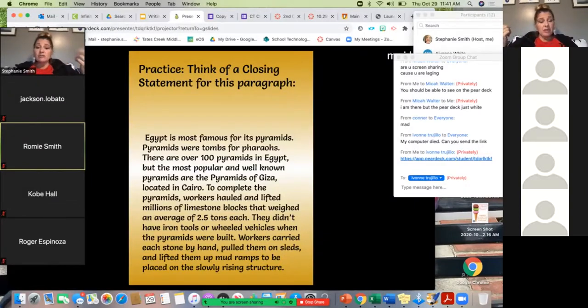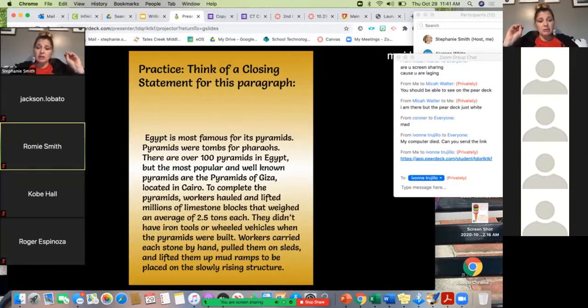Egypt is most famous for its pyramids. Okay, most famous. Egypt is the subject. Famous for pyramids is the focus. Pyramids were tombs for pharaohs, supporting detail. There are over 100 pyramids in Egypt, but the most popular and well-known pyramids are the pyramids of Giza, located in Cairo. Another piece of data.